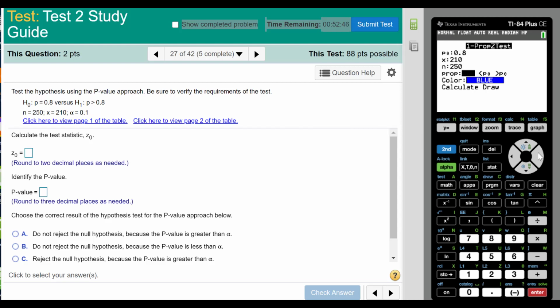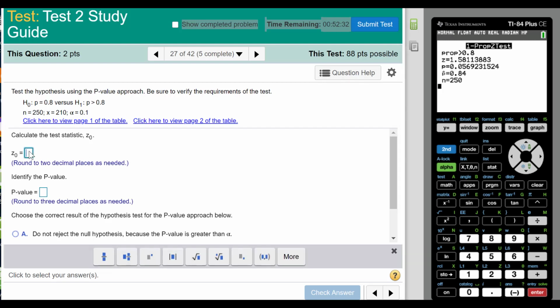It's a greater than, so you have to select this one, enter, and then hit calculate. So z0 is 1.58, so you just enter 1.58 here. The p-value, he says, to 3 decimal places. What would that be?